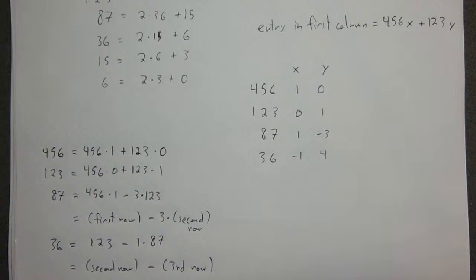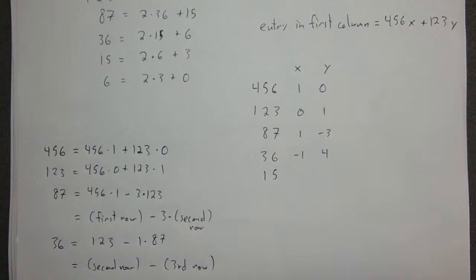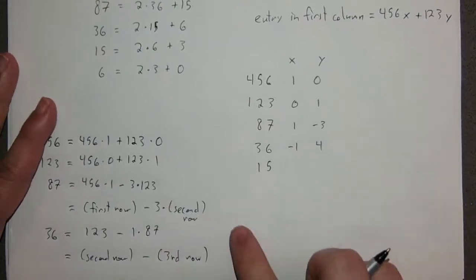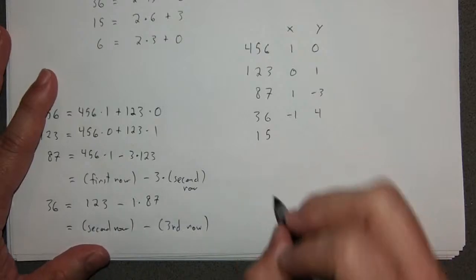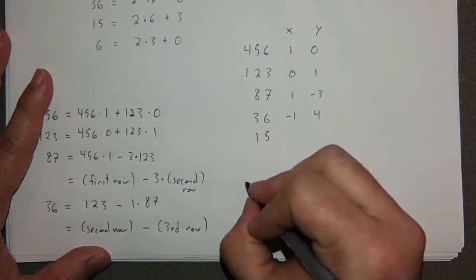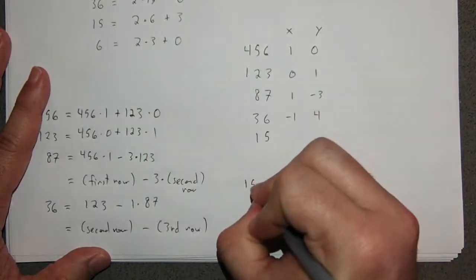Okay. So next in my table is going to be the entry for 15. I want to leave myself some room here. So let's look at 15 as it first shows up as a remainder. There it is.